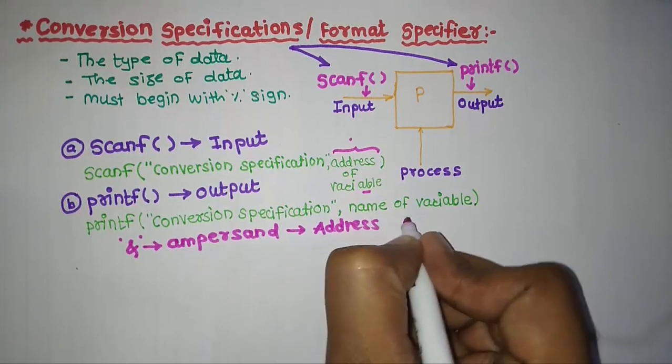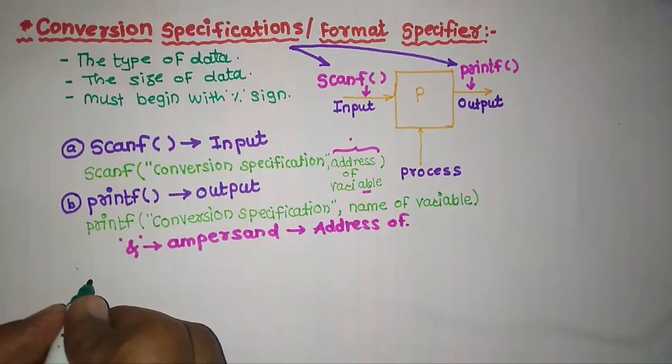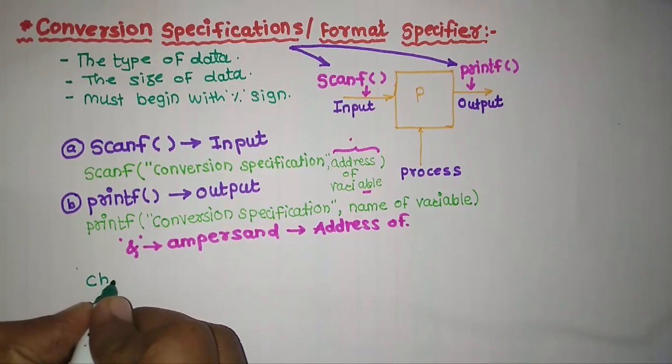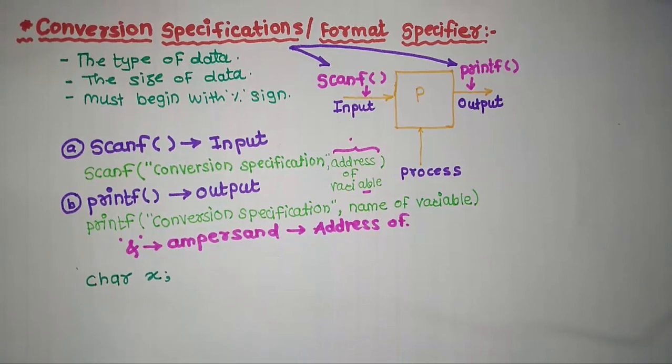the address of the required variable. For example, let us consider we are defining one variable and the data type of that variable is a character. Suppose I am going to declare it in this way, char X. So what will happen the moment we define a variable as X?